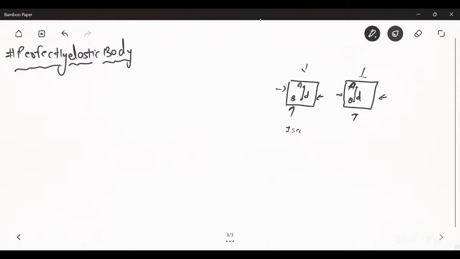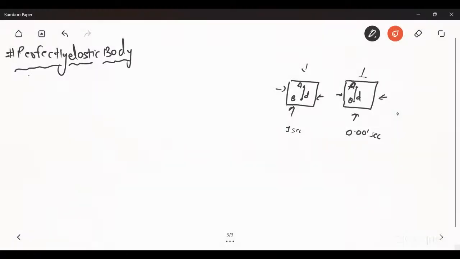On applying the deforming force, the distance between P and Q changes. But after removing the deforming force, it regains its original size, and it can regain it in 0.001 second. So the body immediately regains its original shape and size. This type of body is known as the perfectly elastic body.